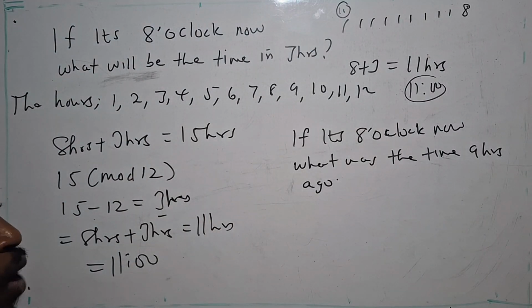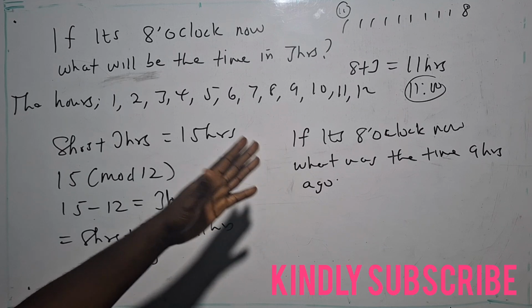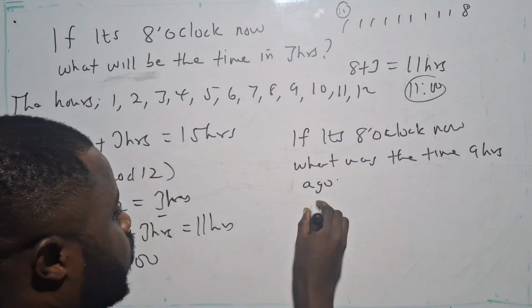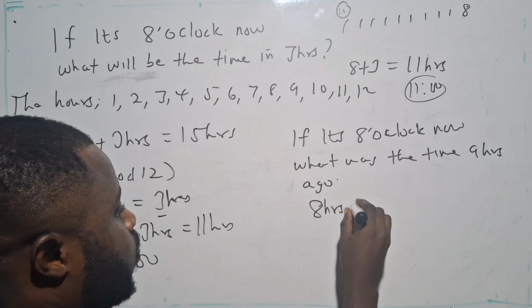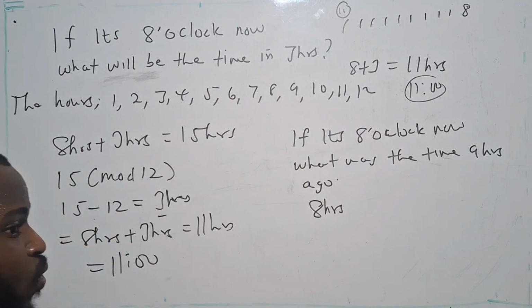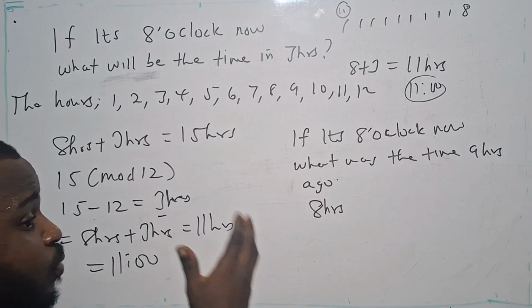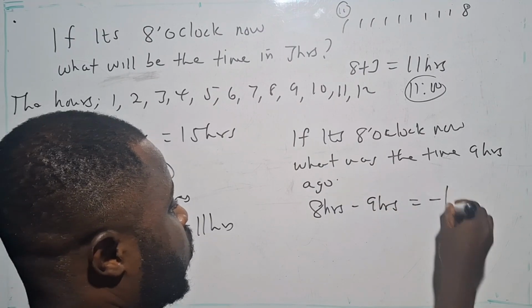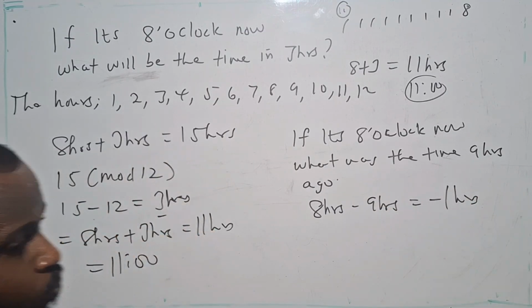Now let's see how we apply modulo in solving the question. If it is 8 o'clock, what was the time 9 hours ago? It means we are going to subtract 9 hours from the 8 hours.